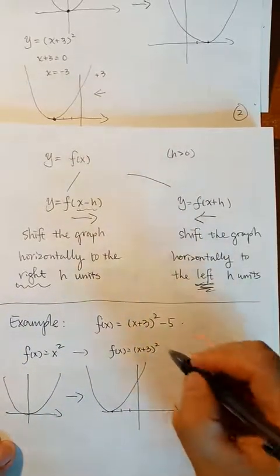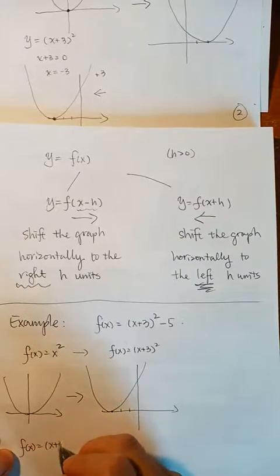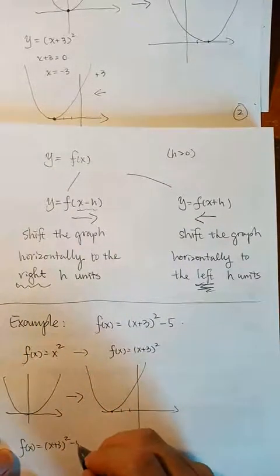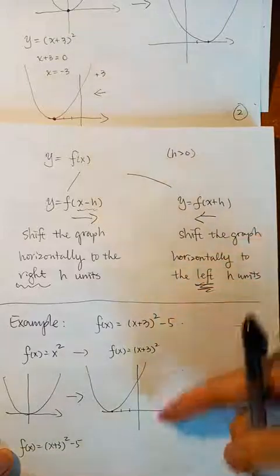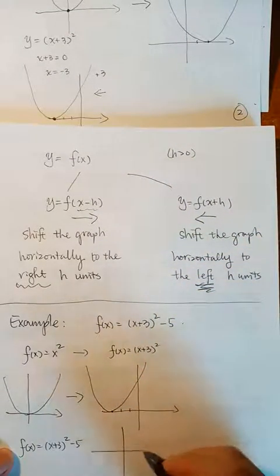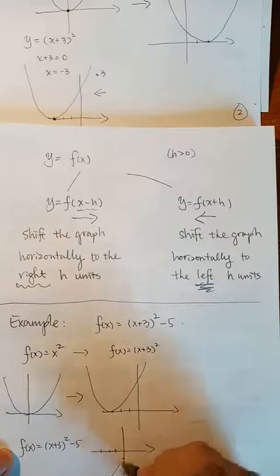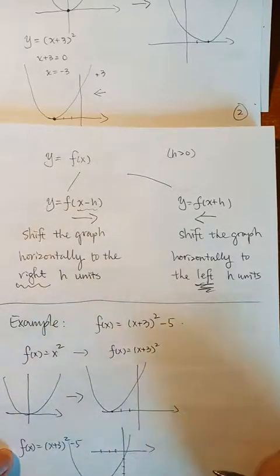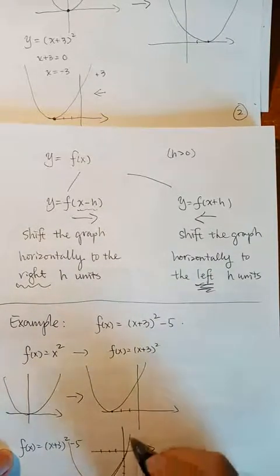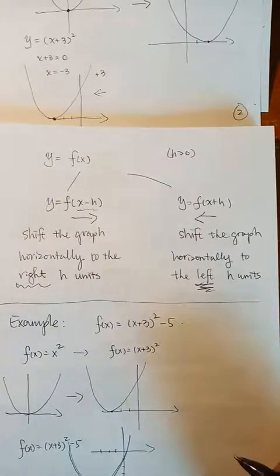And then you get f of x equal to (x plus 3) squared minus 5. Minus 5, subtraction, moves vertically down 5 units. So this is 1, 2, 3, 1, 2, 3, 4, 5. So this is the graph of the function.